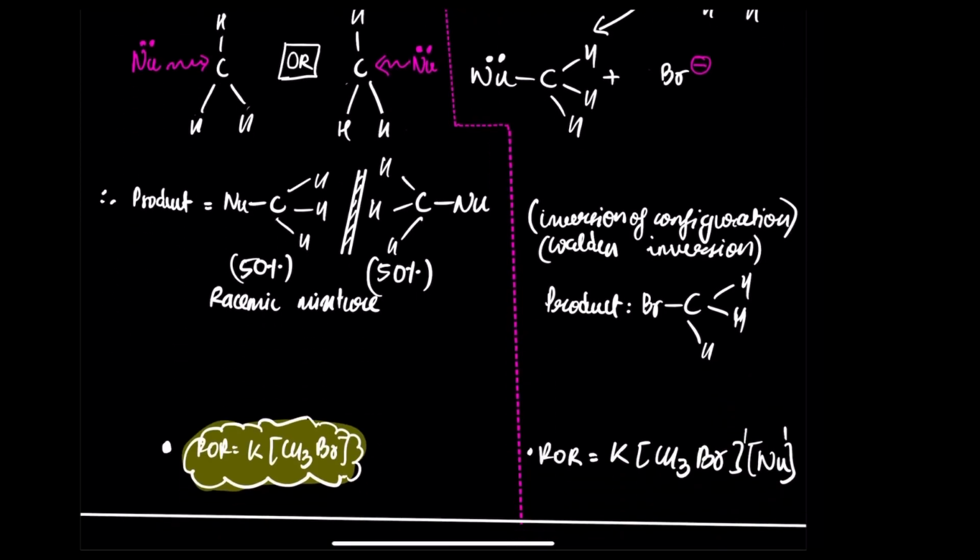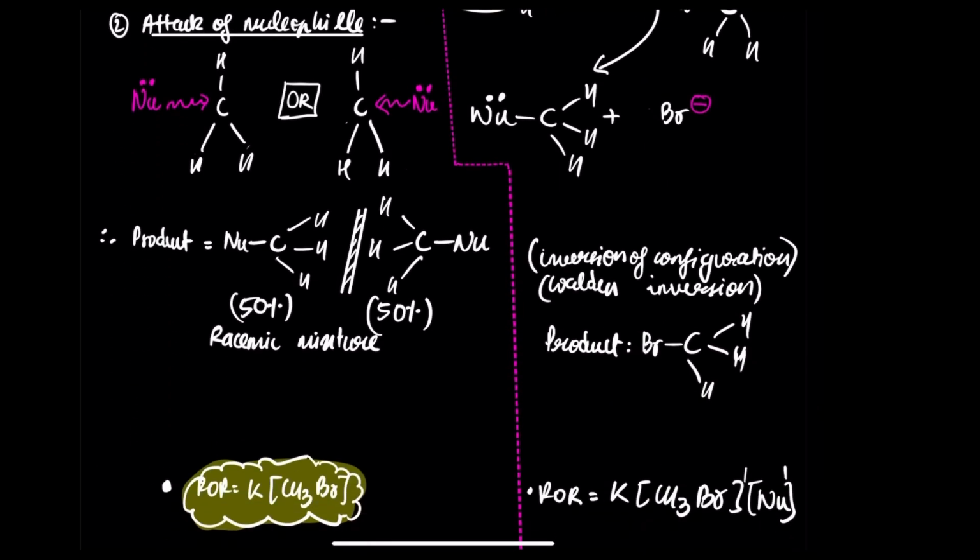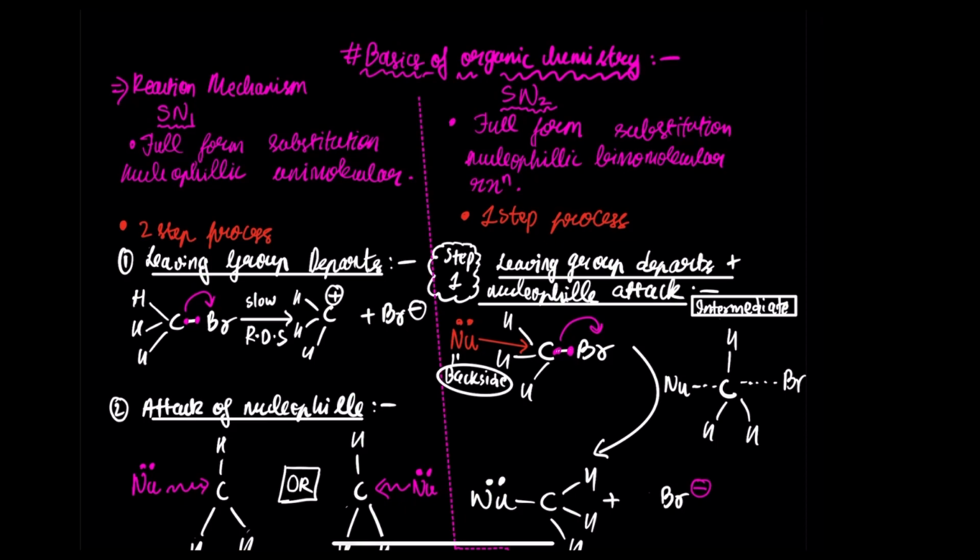The power of CH3Br is 1, hence the molecularity is 1. Therefore we say that it is substitution nucleophilic unimolecular, as the rate of reaction is this and the power of CH3Br is 1. Okay, so moving on to the next part where we have the SN2 mechanism.